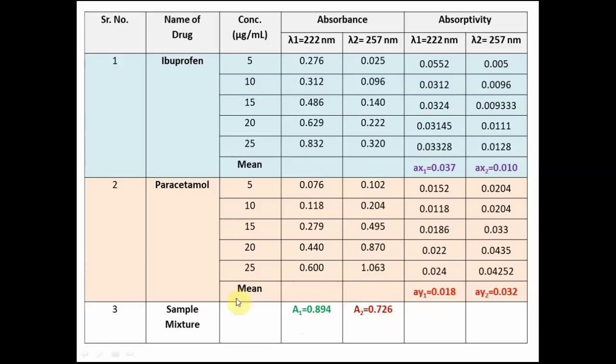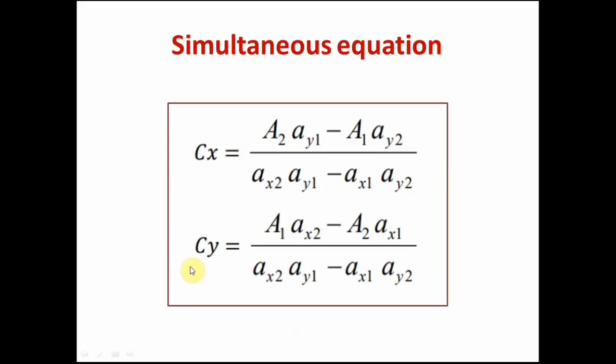So by using these values, Ax1, Ax2, Ay1, Ay2, and A1 and A2, we will calculate the unknown concentration of ibuprofen and paracetamol. We will use this formula to calculate the unknown concentration of paracetamol, this Cy formula, and for ibuprofen we will use this Cx formula.